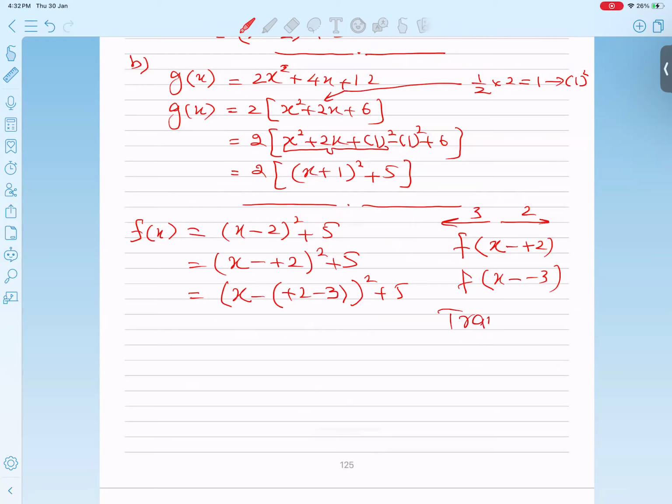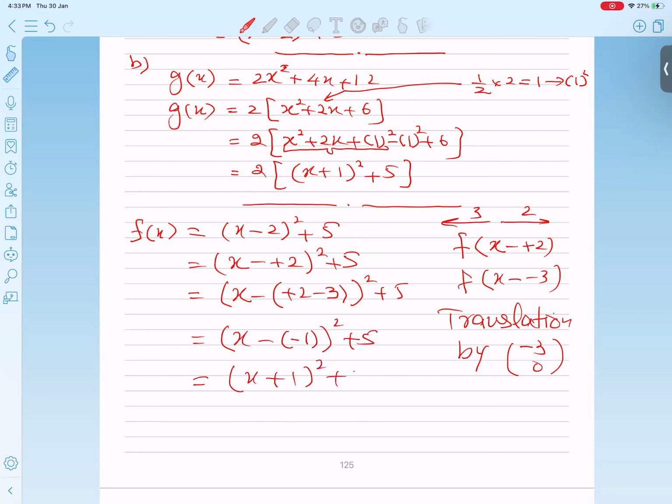Let me write first of all, translation by column vector (negative 3, 0). The reason is very clear, because it is going left. And now, students, if I solve it, check it. Here I got negative 1. I show it step by step so you may understand. And I got (x plus 1) squared plus 5.